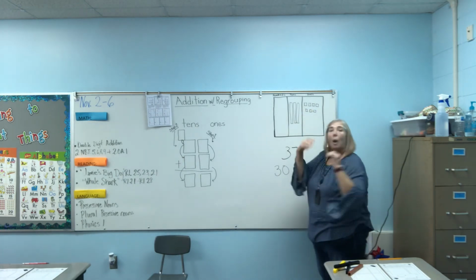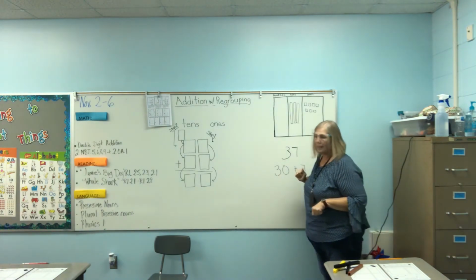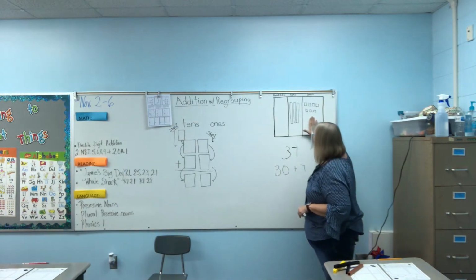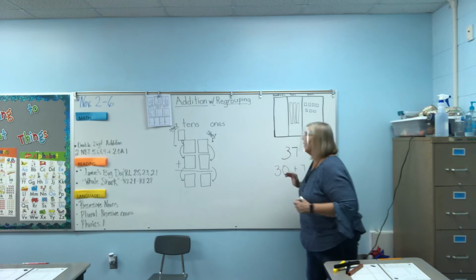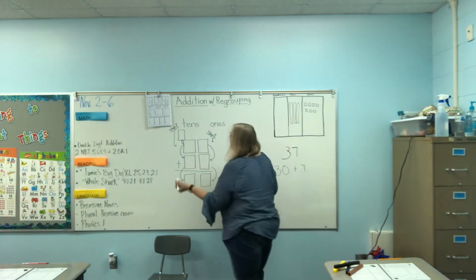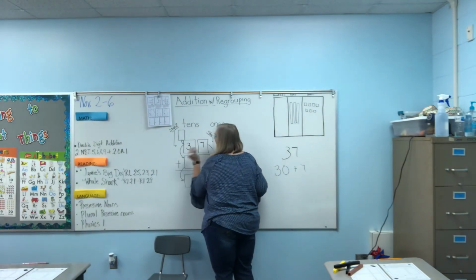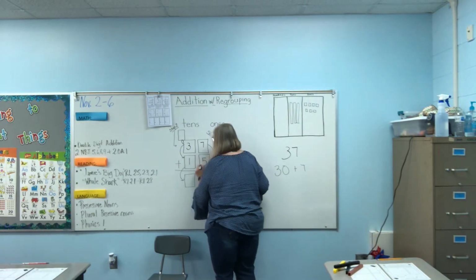All right, so I know you guys know how to do that. That was a first grade skill and you had all mastered it. So I know that you understand what we're talking about. So let's take that over to our math problem. Let's do 37 plus 15.